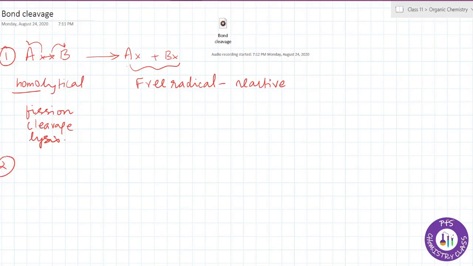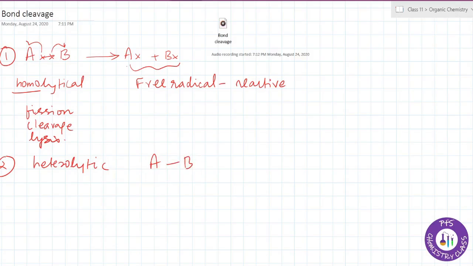The second type of bond cleavage is called heterolytic cleavage. Opposite of that. So you have a bond like this.